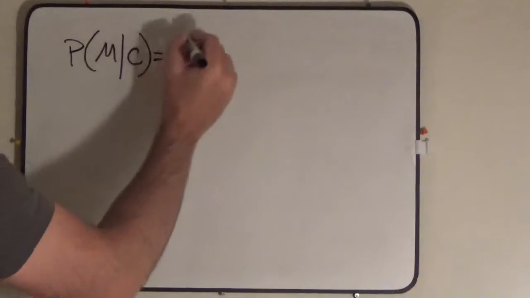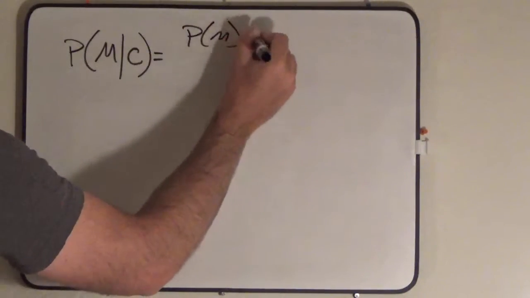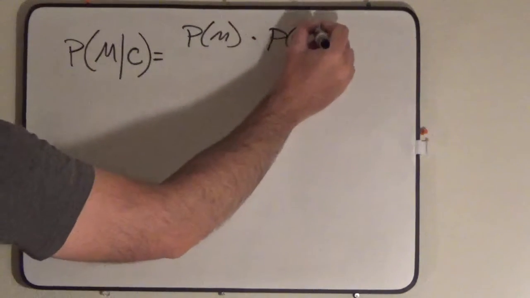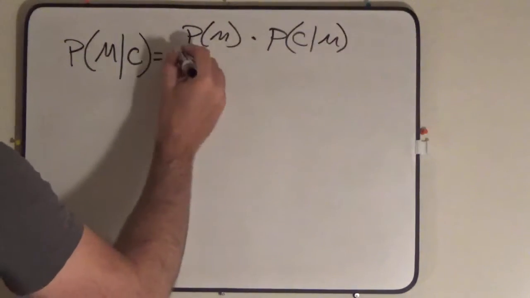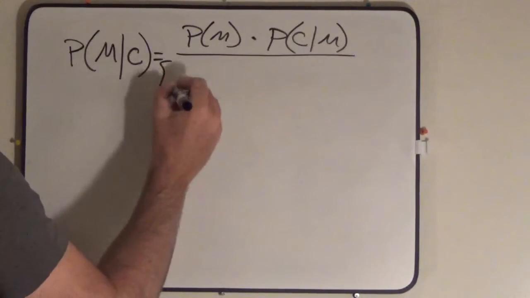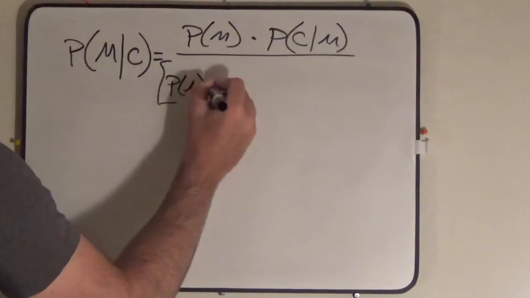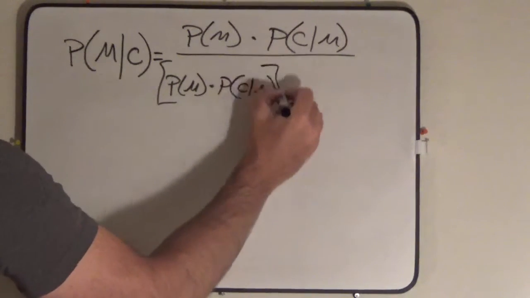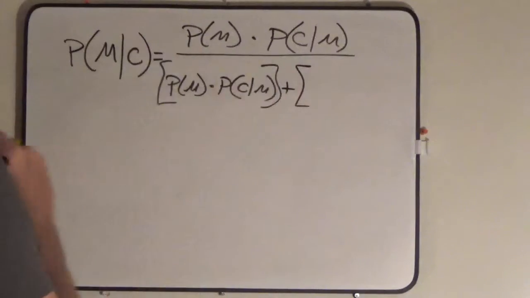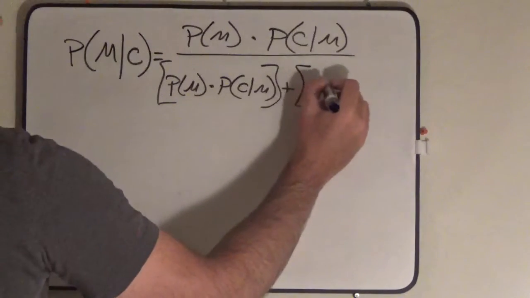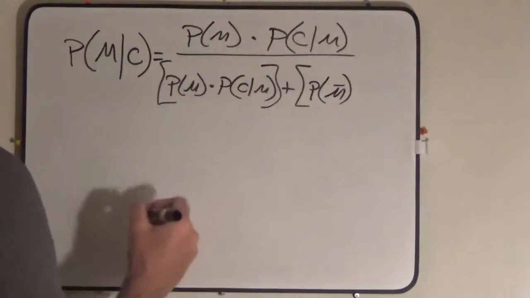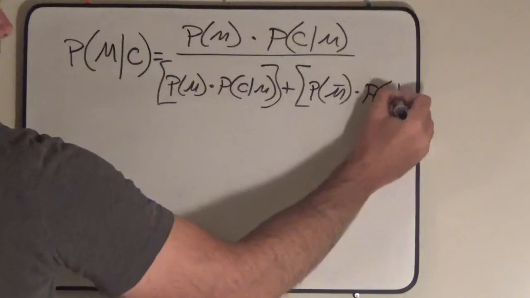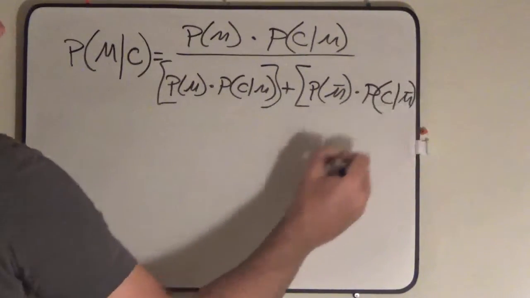So the original probability of a male times the probability of the cigar because it's a male, all over the probability of a male times the probability of cigar because of a male, plus the probability of a female, which is the complement, times the probability of a cigar because of the female.